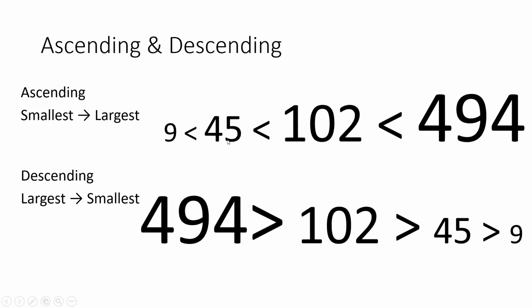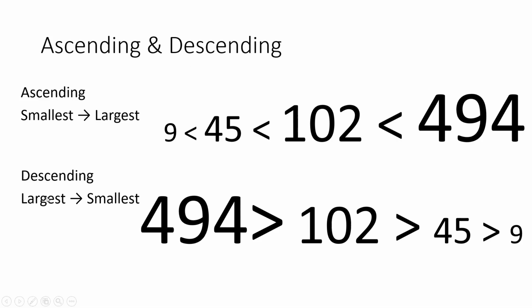Because 45 has two digits and 102 has three digits, so 102 is greater than 45. That's why it comes after 45 in ascending order. Similarly, 45 comes after 9. So the arrangement becomes 9, 45, 102, and finally the largest number, 494.